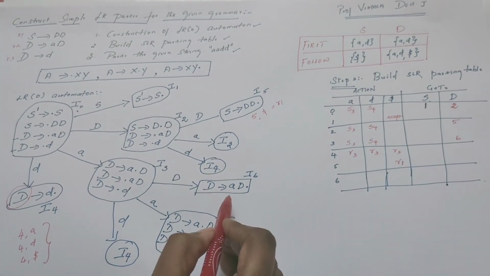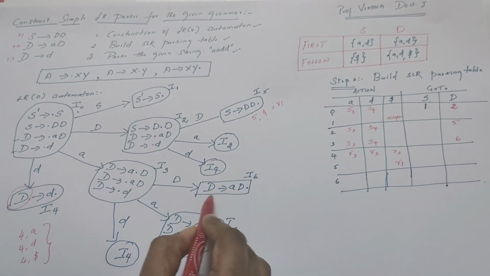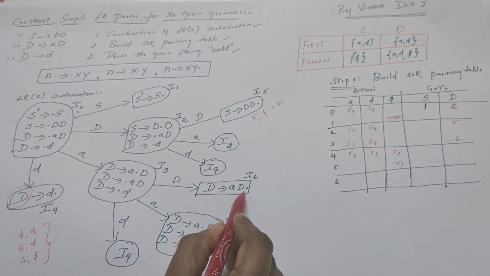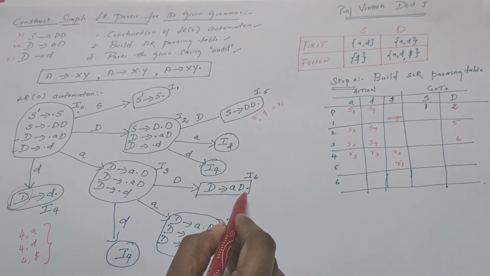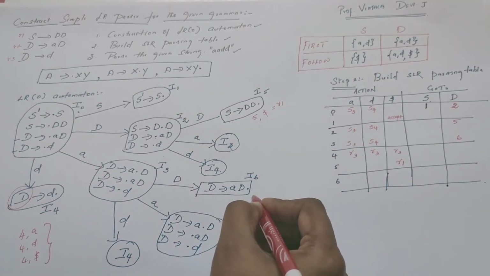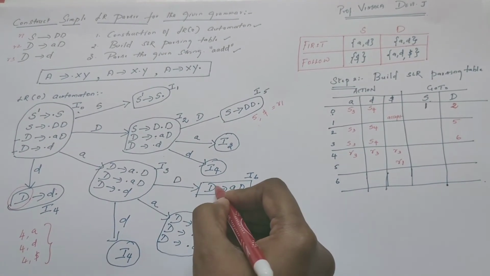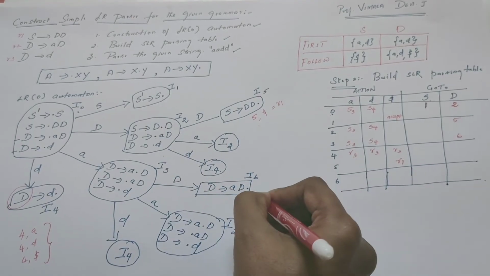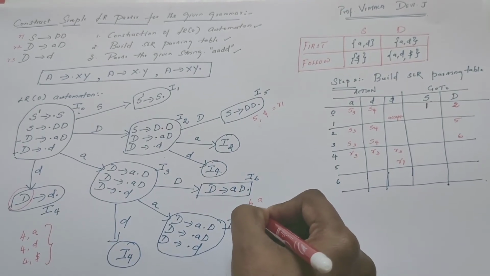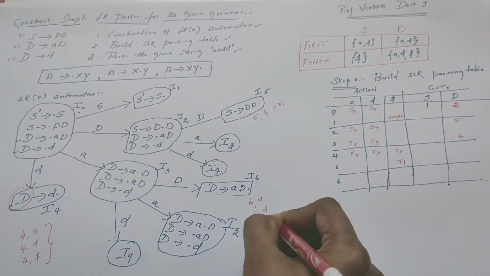Okay, now move on to state number 6. State number 6 also has a rule which has the dot at the rightmost end, isn't it? So how do we enter it? Sixth state. And what is the follow set of D? It has 3 symbols. So 6 comma A, 6 comma D, 6 comma dollar.